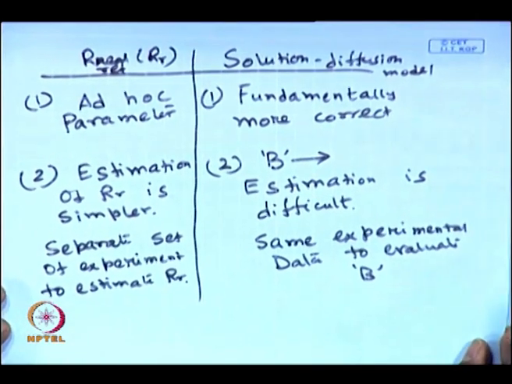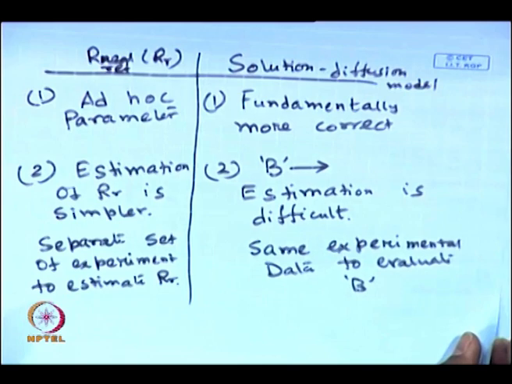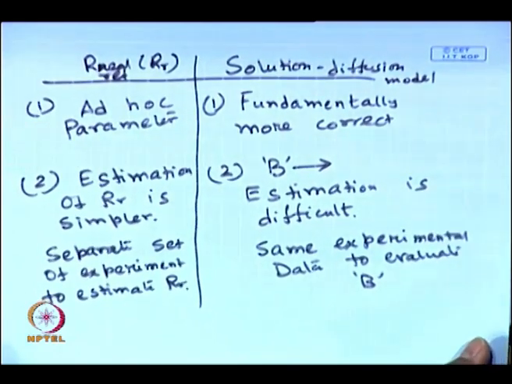So, one can use any of these models equivalently depending upon the system. The next variation: now we will look into some more variations of solution diffusion models which are more fundamentally correct, because in the solution diffusion model we have assumed that the solute will be transported across the membrane by the concentration gradient only, by diffusion only.